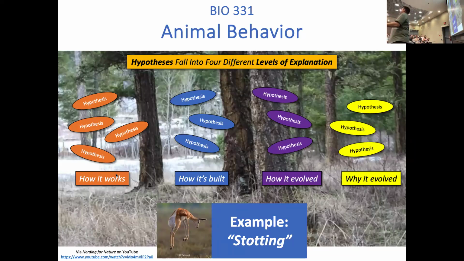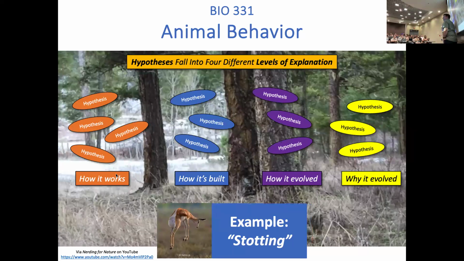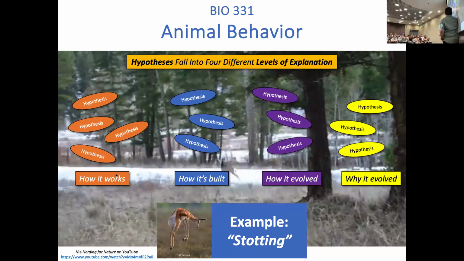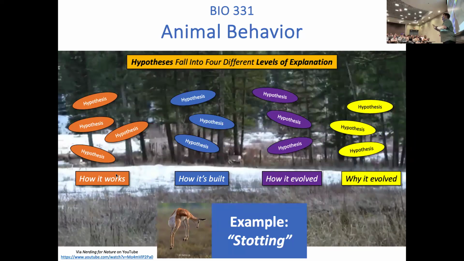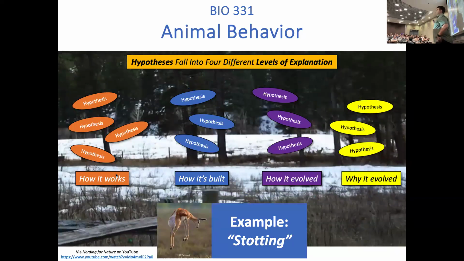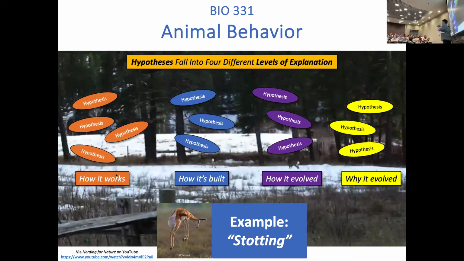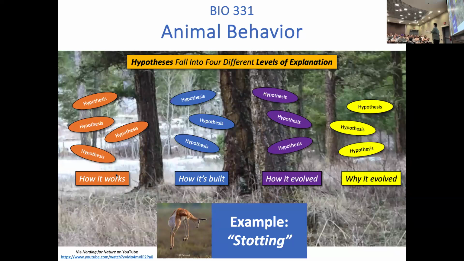What were the conditions during its evolution that might have explained why it looks this way here and that way there? These are relationship questions over very long time periods: how it evolved. Sometimes we call these ontogenetic hypotheses, and we call these phylogenetic hypotheses. These are things that we're going to go into in more detail next week.